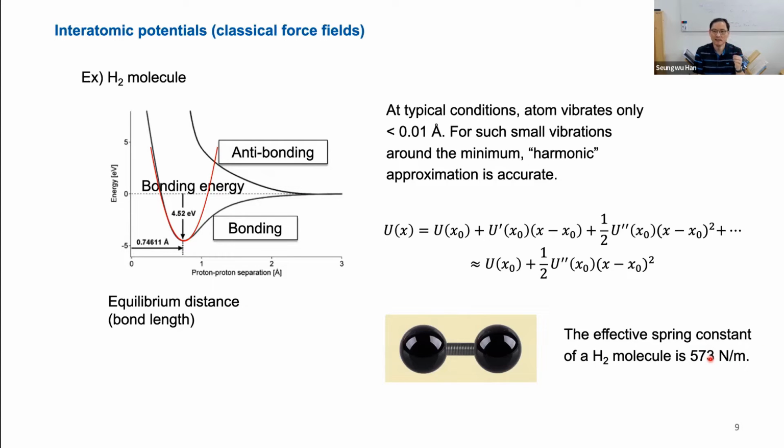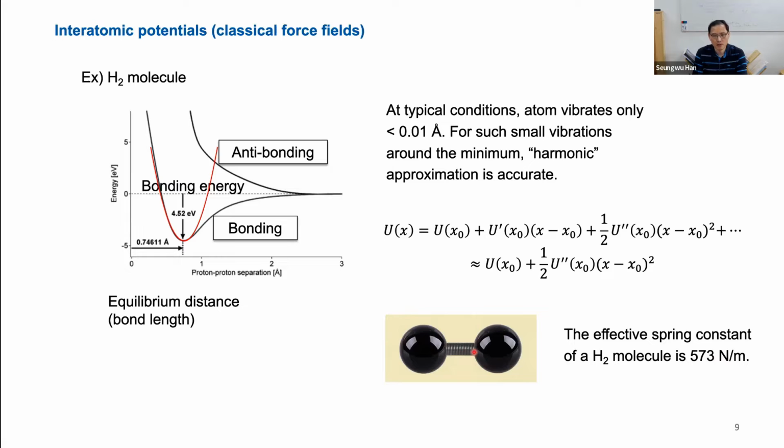So with your weight, the hydrogen molecule expands like 1 meter. Yeah. But remember that this is just one molecule, right? So it is extremely tight, a very, very strong spring, and that's why the vibration is very small.